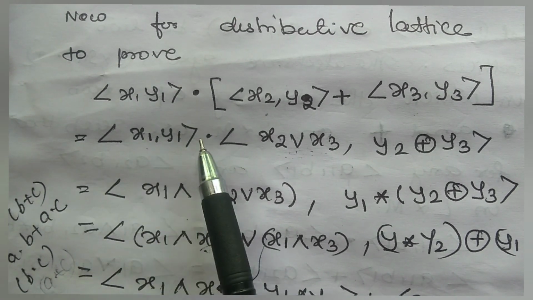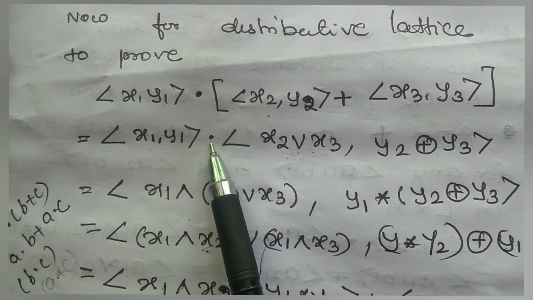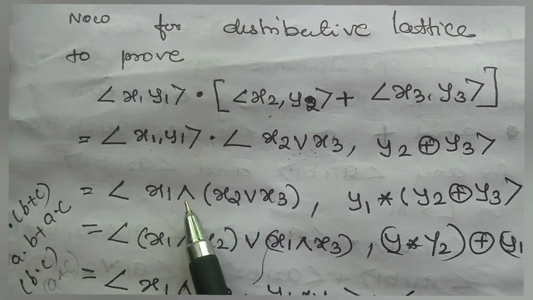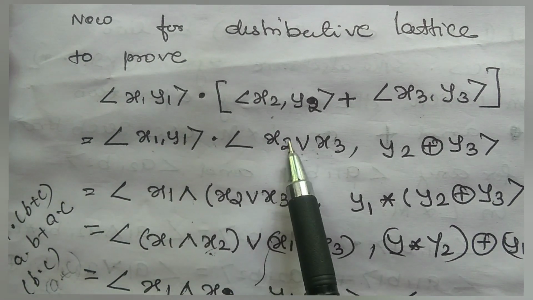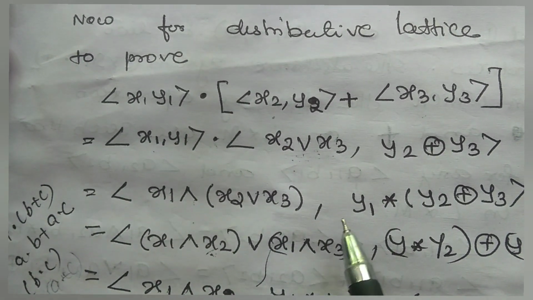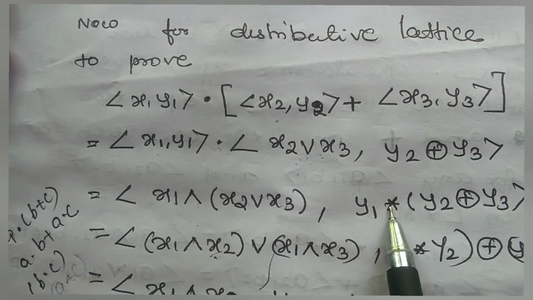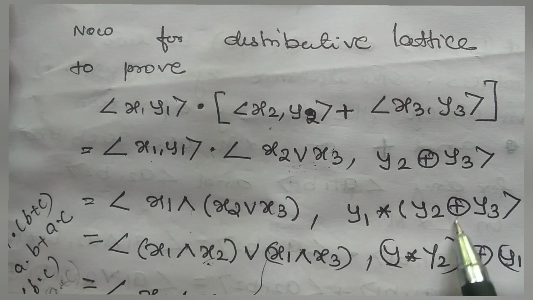So x1 dot x2, here we use the first operator of L cross M, so we use the first operator of L. The first operator of L is dot, and that is x1 and (x2 or x3), because these x1, x2, x3 belong to L only. In a similar way, for y1, y2 plus y3, the first operator of M is star only, that is y1 star (y2 plus y3).